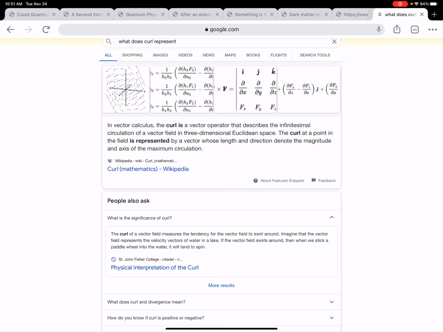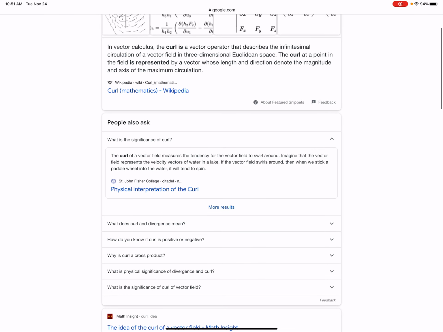The curl at a point in the field is represented by a vector whose length and direction denote the magnitude and axis of the maximum circulation. And so you can read about it.